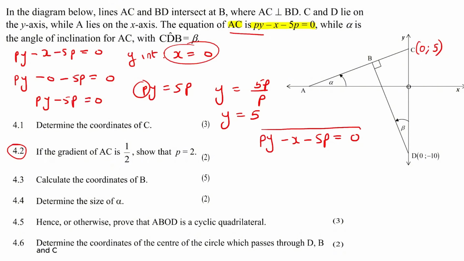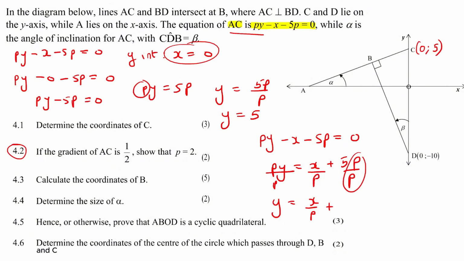So let's try get y alone here. We'll take the x and the 5p over, so they both become positive. We will then divide everything by p. So we end up with y equals x over p plus, now these p's are going to cancel, so you're going to end up with plus 5. I'm not perfectly happy with how this looks.